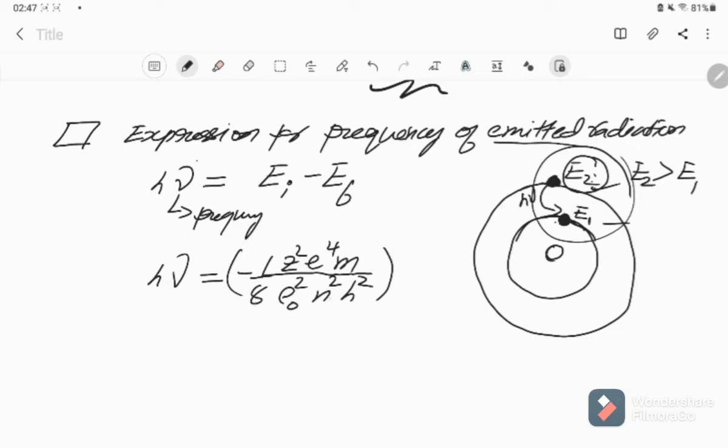Now n is n_i, because it is for the initial orbit.